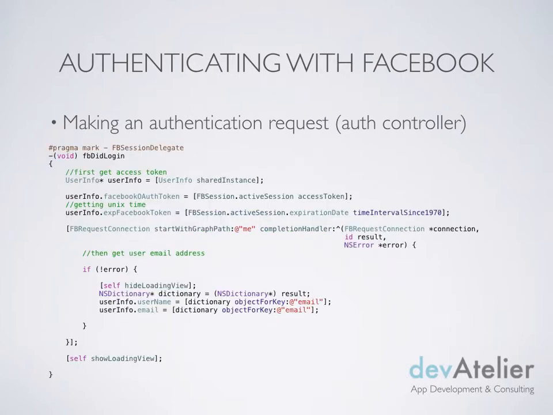When you log in, basically most of the time for most people's flow, what happens is you get the authentication information, and then it's going to have information like their Facebook OAuth token, when the token expires, and their user information. So looking through it, we have our user info object. We have the token information from that. But then we need to get user info.